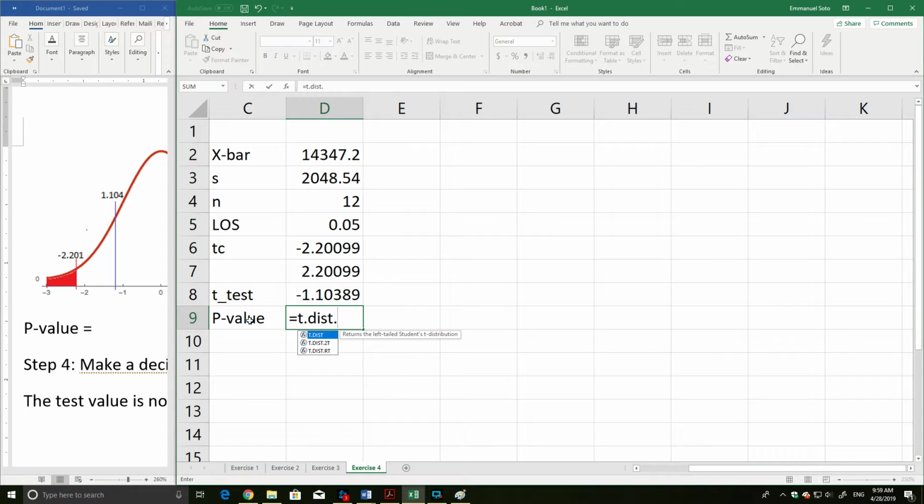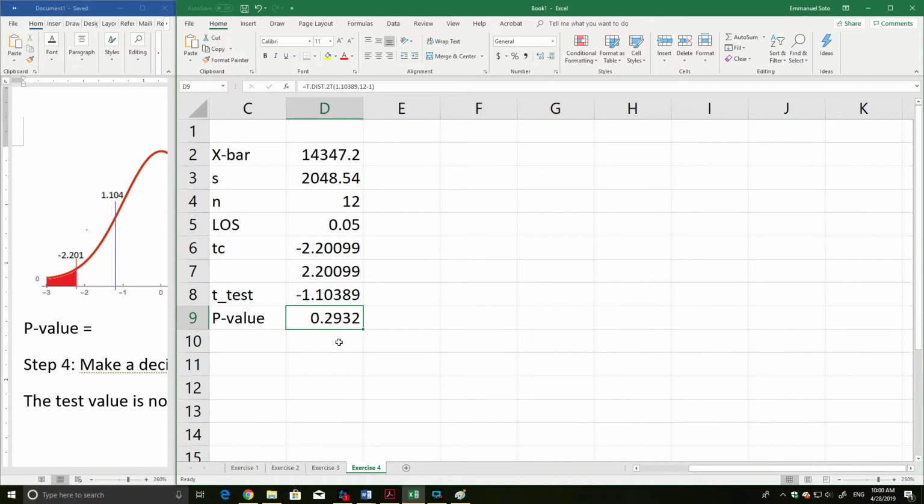And since we're doing a two-tailed test, we're going to do 2t. Type in your test value, but remember that the test value is negative here, so we're going to make it positive, comma, then your degree of freedom, 12 minus 1. All right, and there's our p-value, 0.2932.